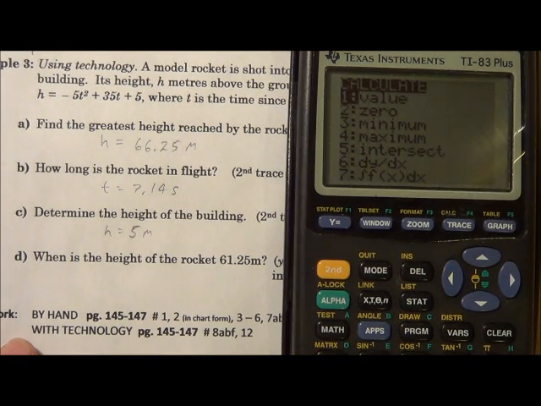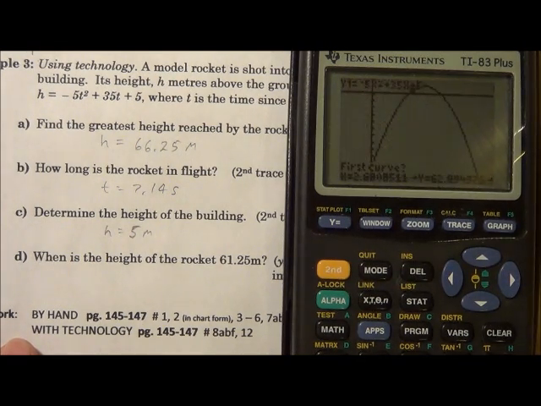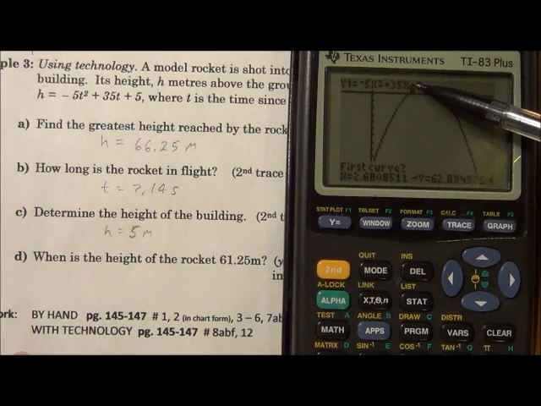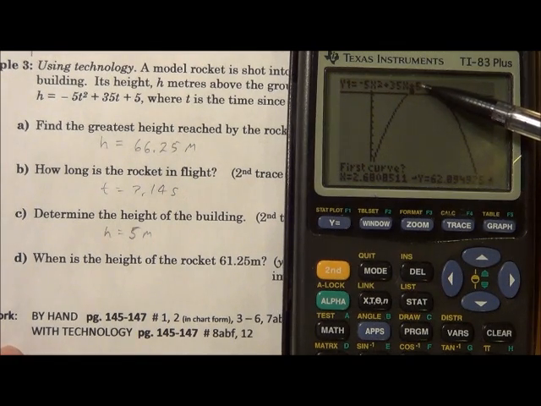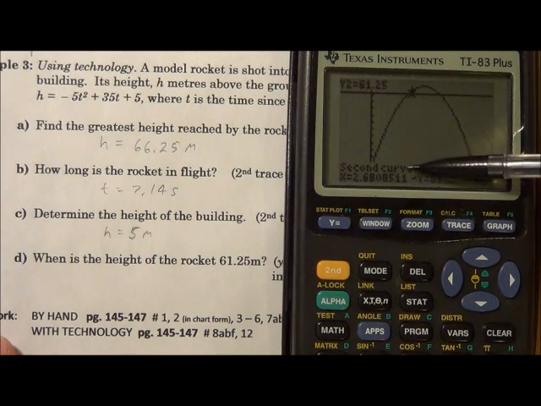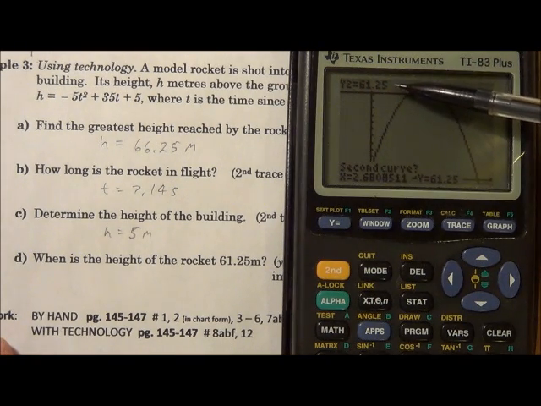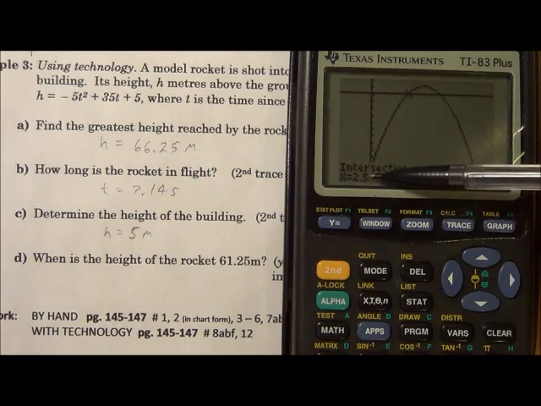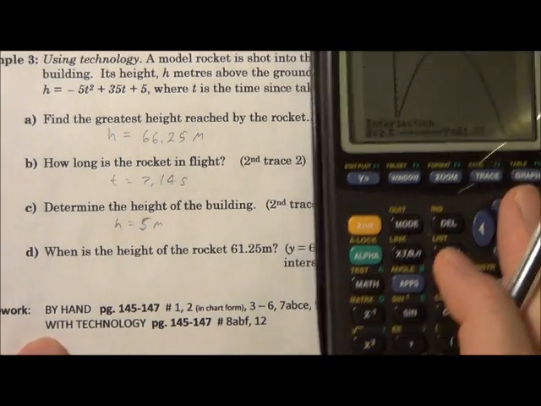So we'll press 5, and it's asking us the first curve, and the first curve is given as negative 5x squared plus 35x plus 5, press enter, and then it changes to the second curve, which says y equals 61.25. Press enter again, it'll ask us to guess, and then we press enter, and we see that the intersection is at x equals 2.5 and y equals 61.25.